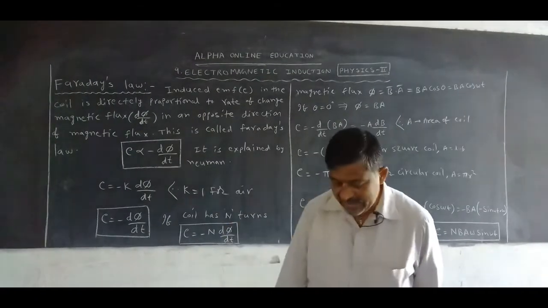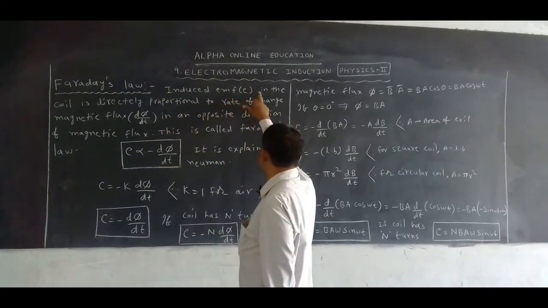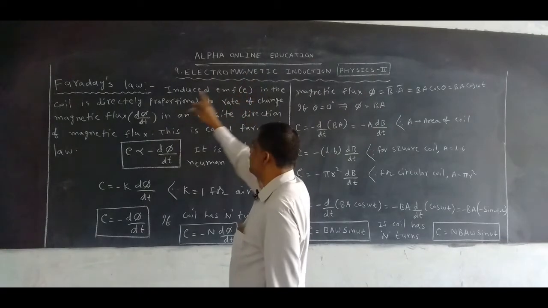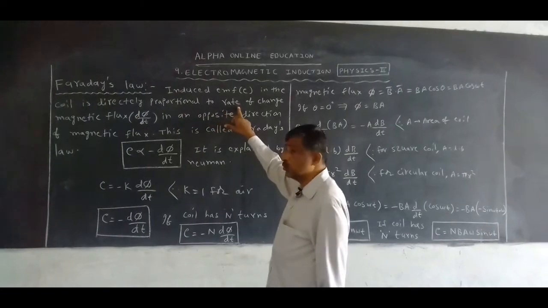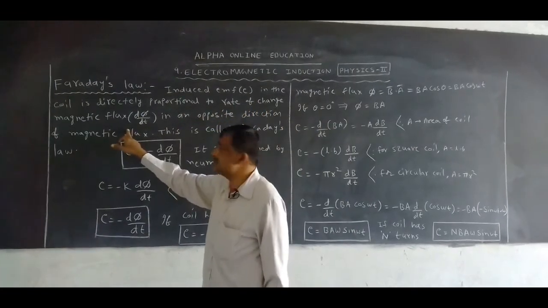Now what is Faraday's law? Induced EMF in the coil is directly proportional to the rate of change of magnetic flux.